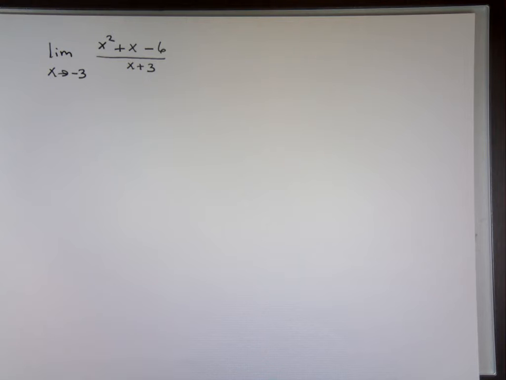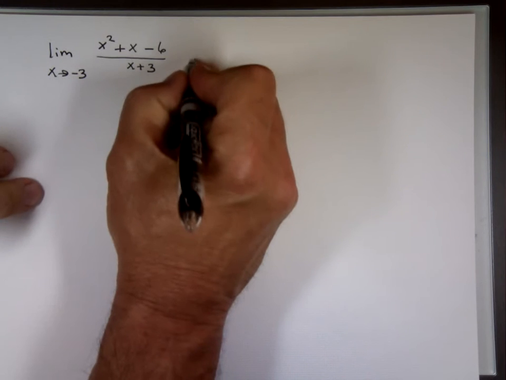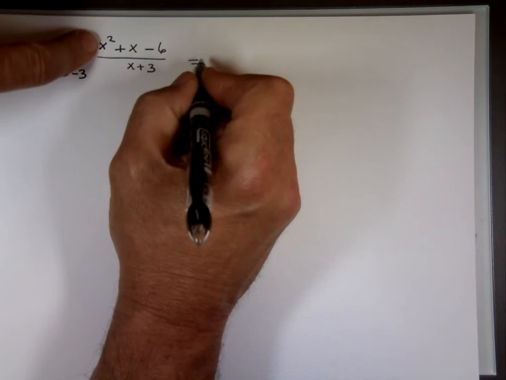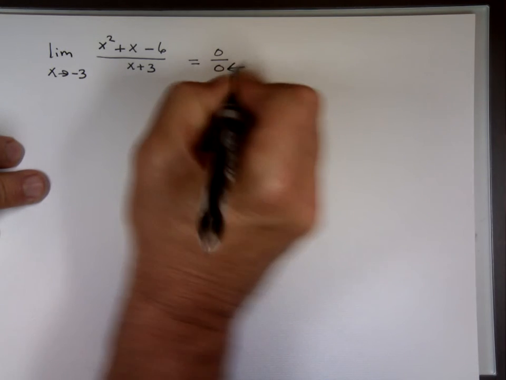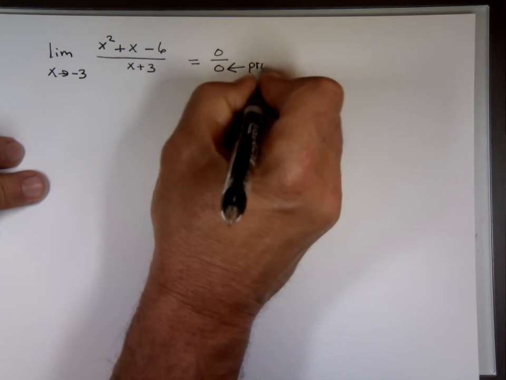Again, the first step is direct substitution. Let's try direct substitution. 9 minus 3 minus 6, that's 0 over 0. 0 on the bottom is a problem. I always say that.